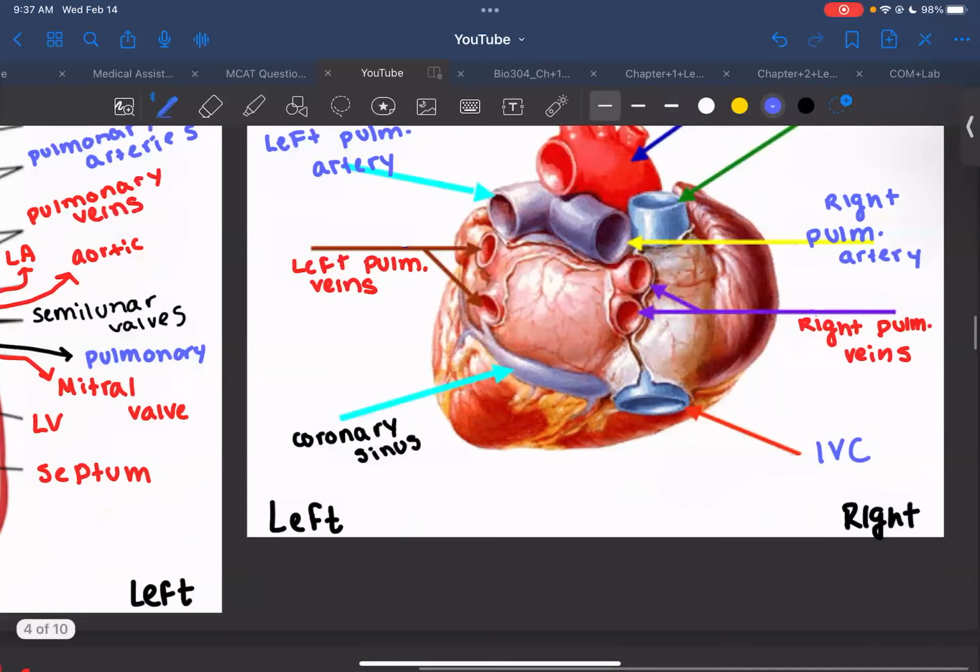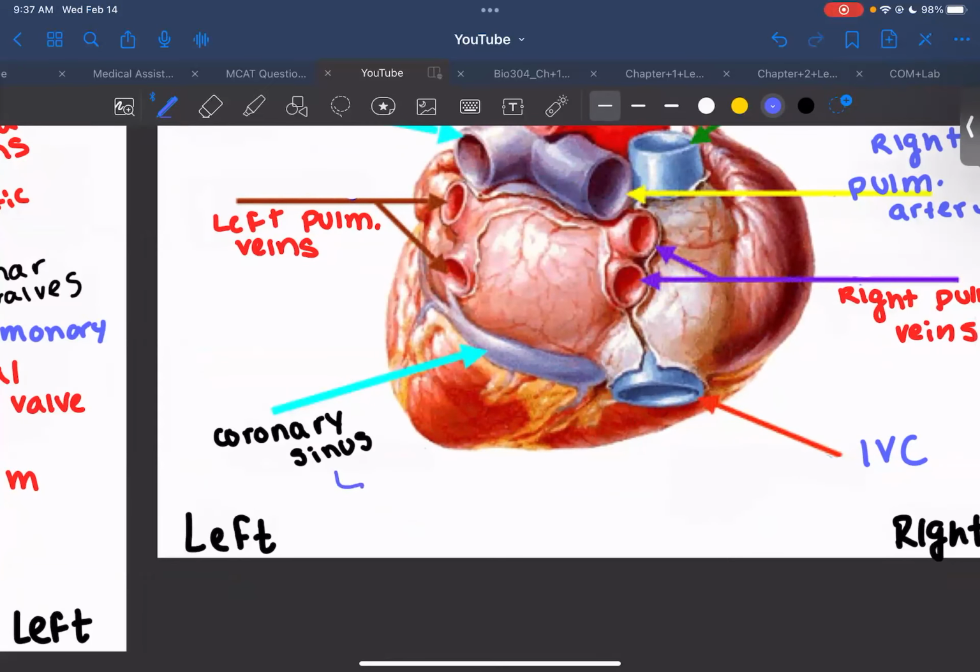So I'm just going to put that down here. Yes, that's how I do these videos, is that I take diagrams and cover them up. But anyway, this is going to be one of three that drains into the right atrium.